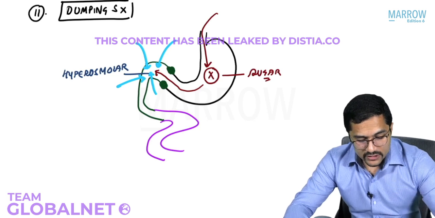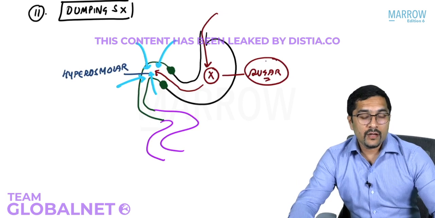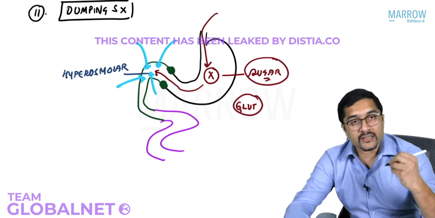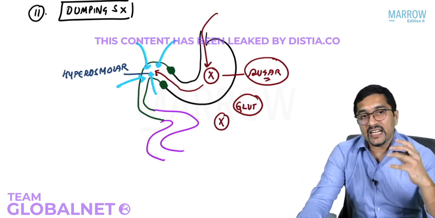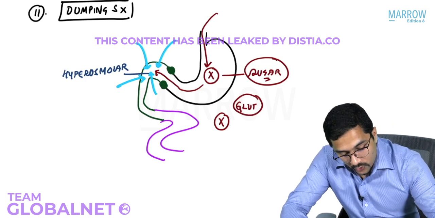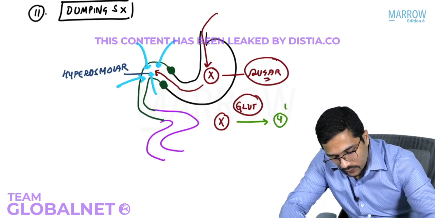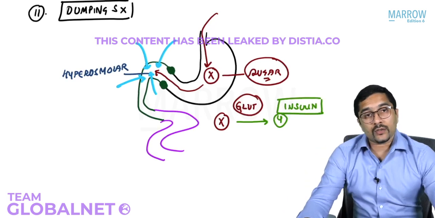Now, the second thing which happens is that when the patient has consumed X amount of sugar, the body has GLUT receptors. There are GLUT receptors everywhere. And they sense that, okay, this patient has had X amount of sugar. So, in response to this X amount of sugar, Y amount of insulin is already released to metabolize this sugar.